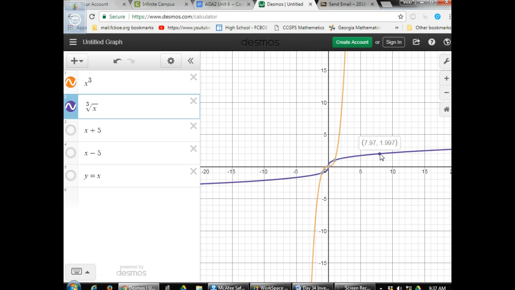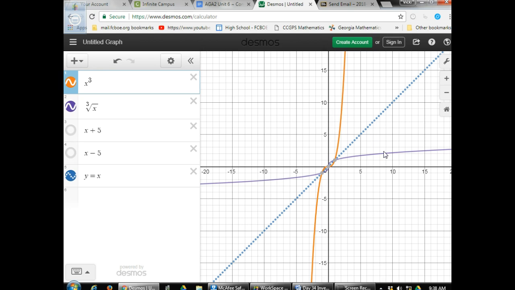So this point right here, we'll just say it's at (8, 2), is actually reflected across a line. Let me show you what line. That line right there. So if I am at (8, 2) here, roughly, I know that I have a point that is over here at (2, 8), and they are reflected across this line.